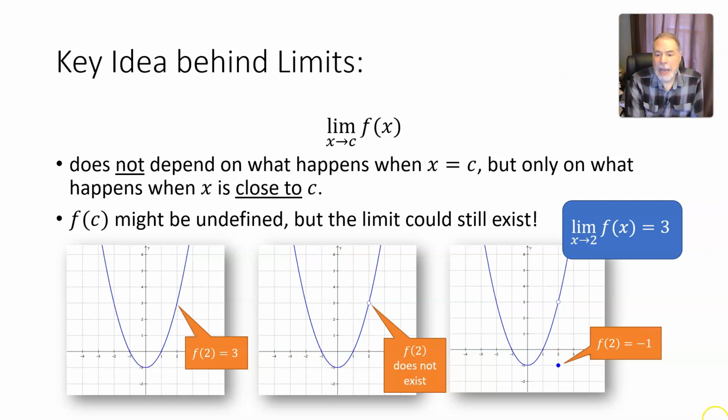So what happens at 2 and what happens when x is close to 2 are completely different things. The limit is 3, but the value of the function right there at 2 is -1. And so that's also an example of a function that is discontinuous or not continuous at x equals 2.